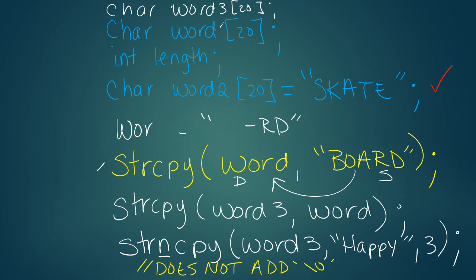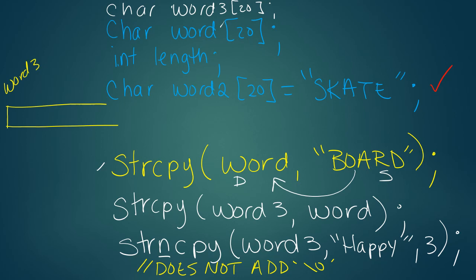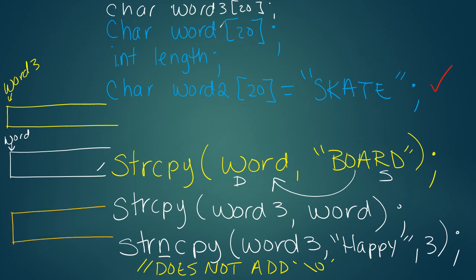So I don't have a lot of space here, but I'm going to try to draw. I have a character array here called word3, and I have a character array here called word, and I have another character array called word2.